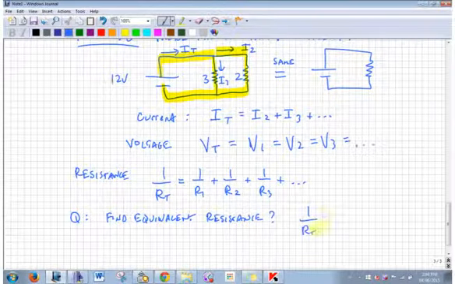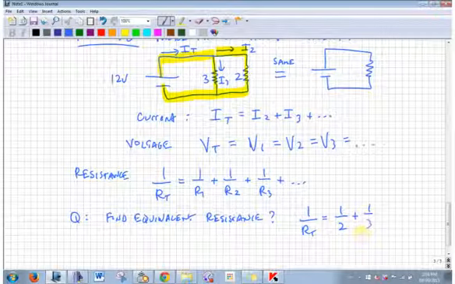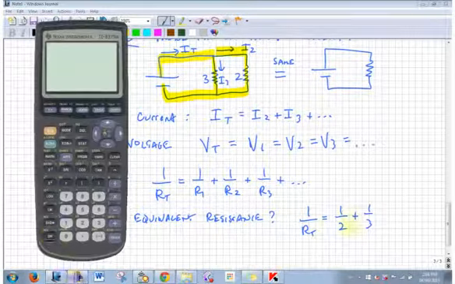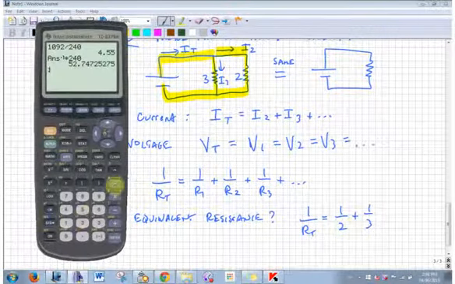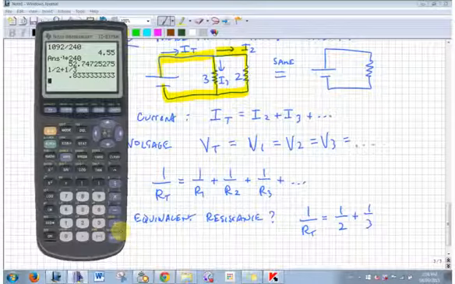Well, the total resistance of a 2 ohm and a 3 ohm is just doing that. So what's a half? It's a half. Plus a third is that. That's not RT, that's 1 over RT.